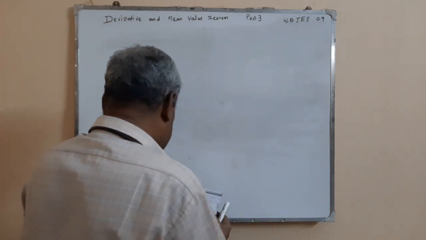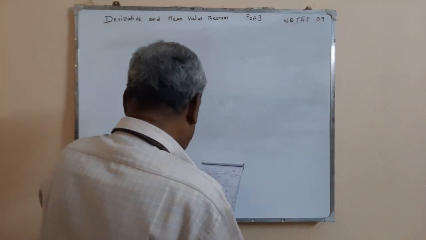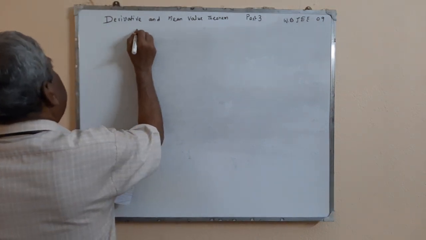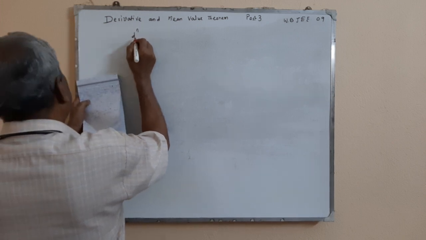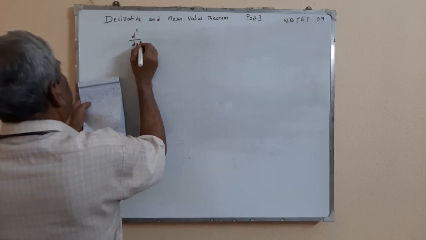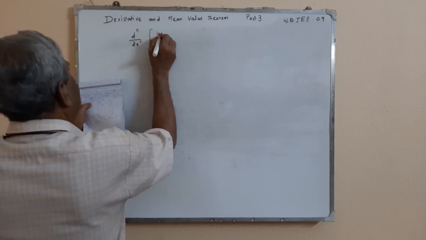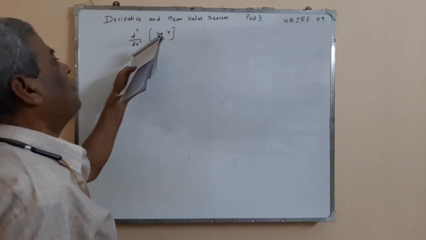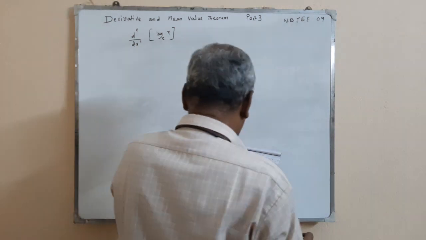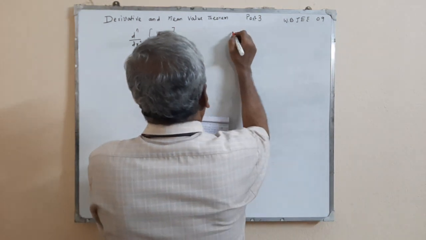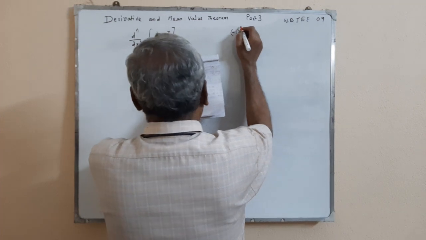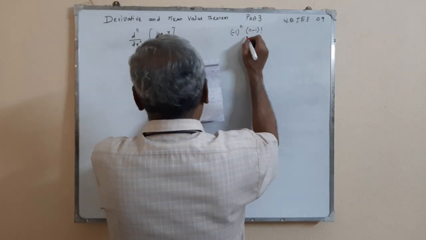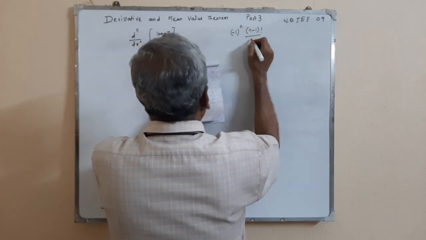Now next problem. Find d^n by dx^n of log x base e. To find the nth derivative of that. So options: minus 1 to the power n, (n minus 1) factorial by x to the power n.